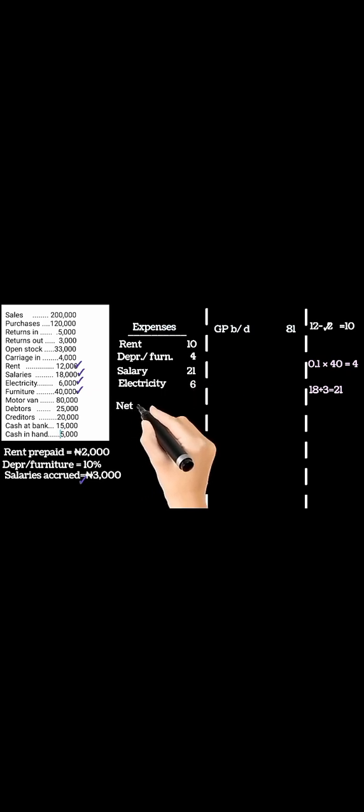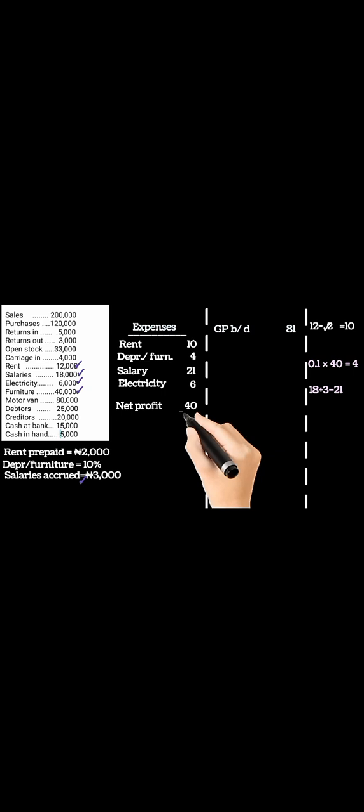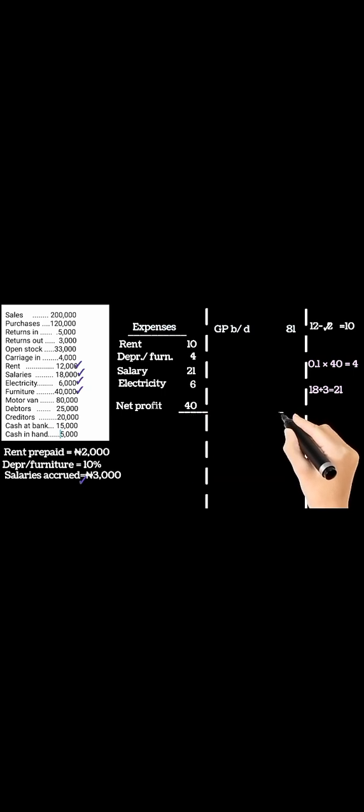The next thing is electricity. Electricity, there's no adjustment there, and the value is 6,000. Then net profit is the difference between the summation of all the expenses and the gross profit, and this will give you 81,000.